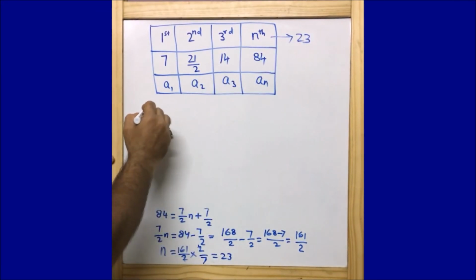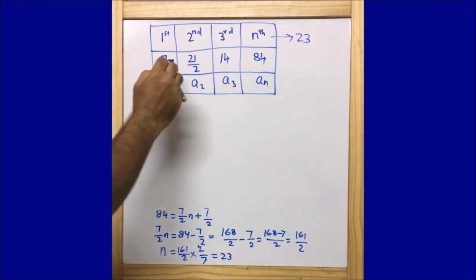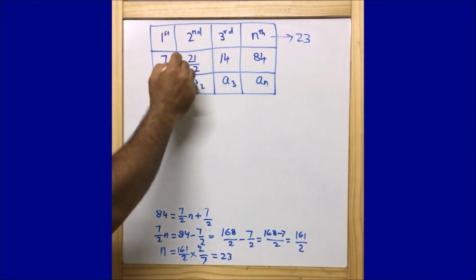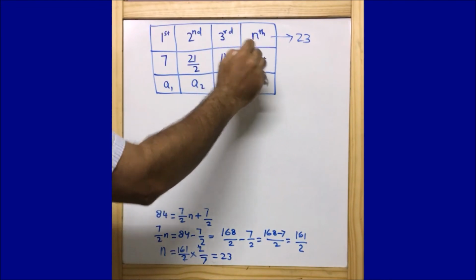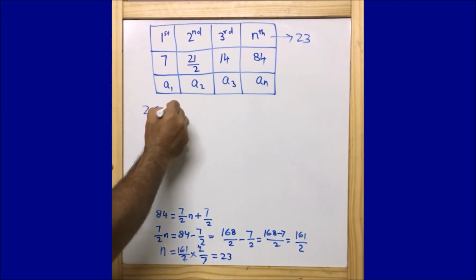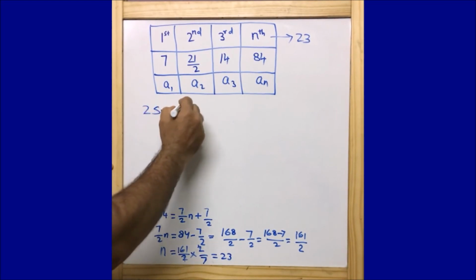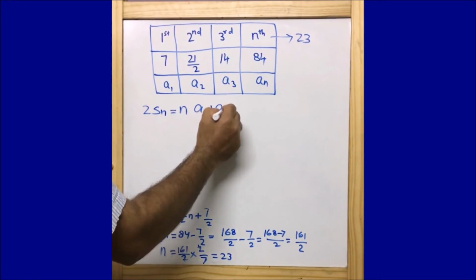Now we need to find the sum of these terms, 7 plus 21/2 plus 14 plus up to the 23rd term, or up to 84. I am using the summation formula for an arithmetic progression: 2Sn is equal to n into (a1 plus an).